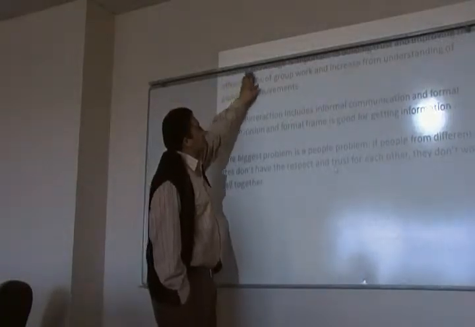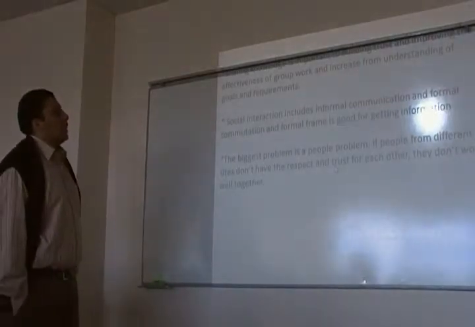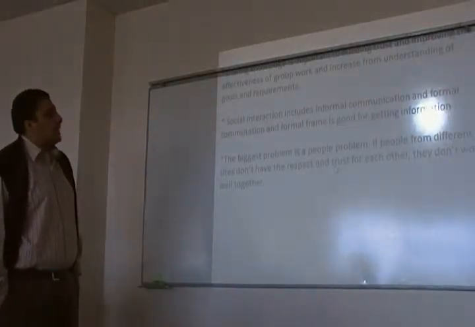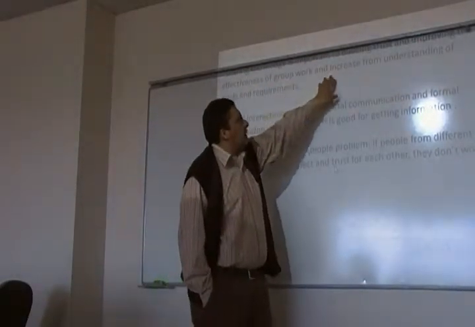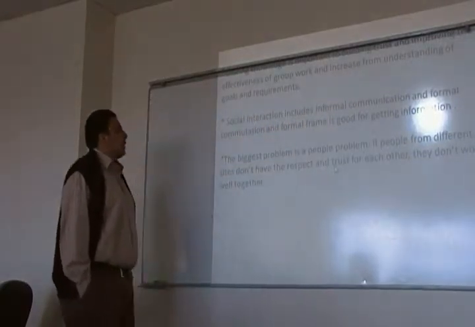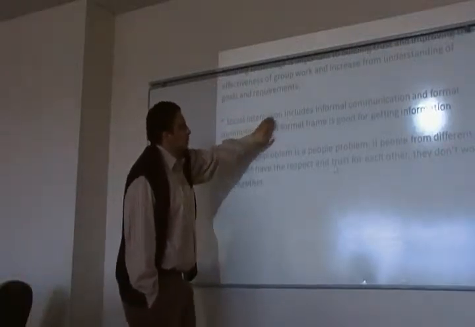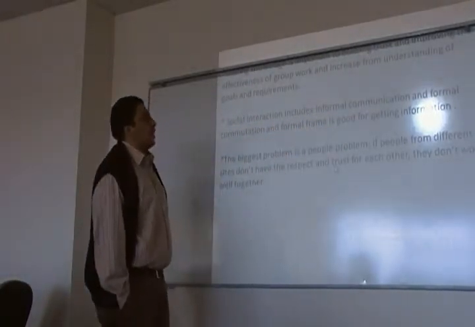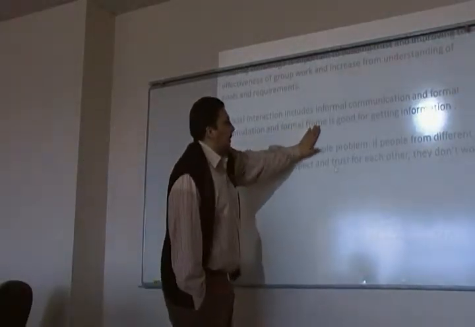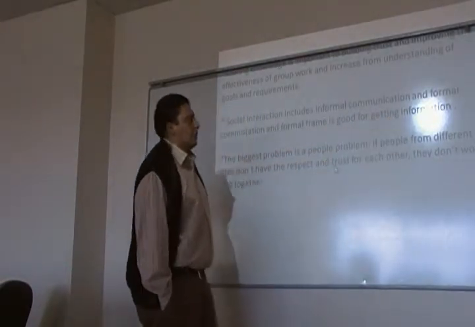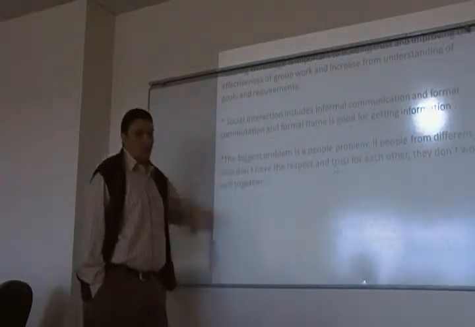Shared knowledge is important to obtain trust, improve effectiveness of group work, and increase understanding of goals and requirements. Social interaction includes informal communication and formal communication, and formal communication is good for getting informed, but agile methods usually use informal methods.